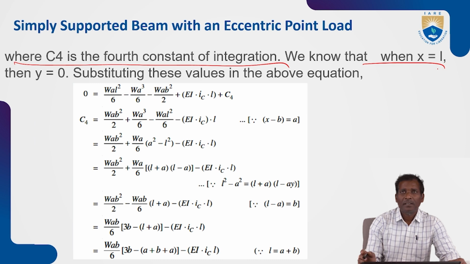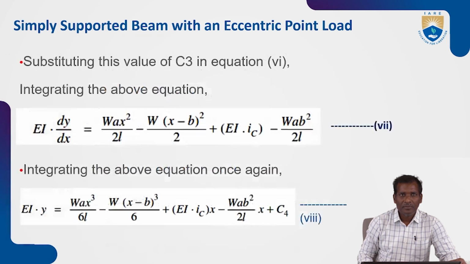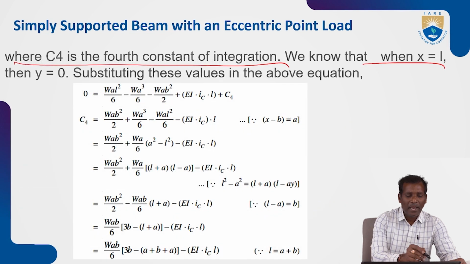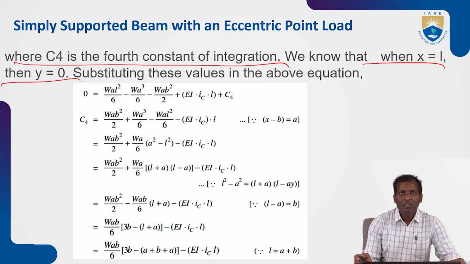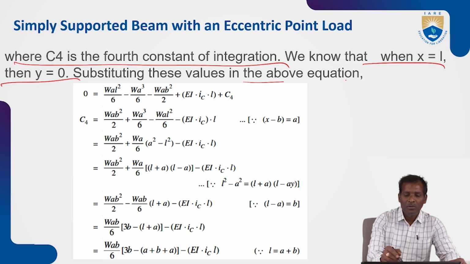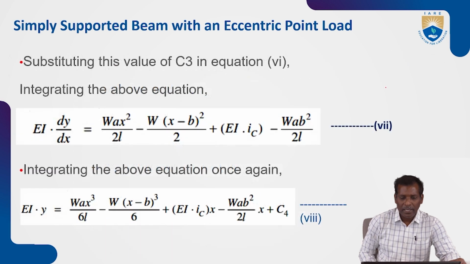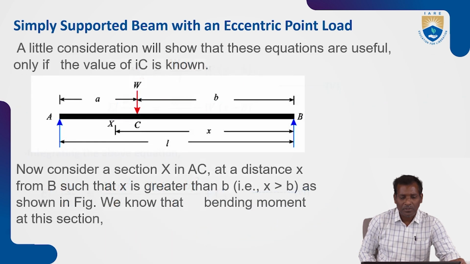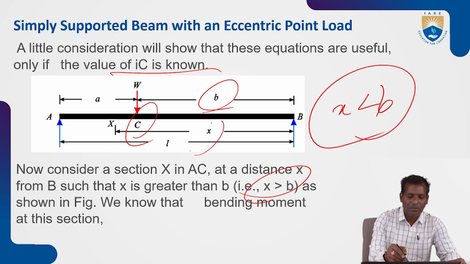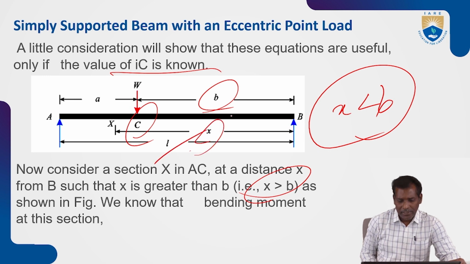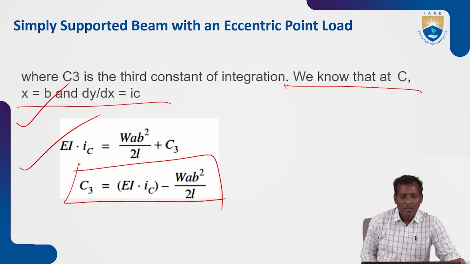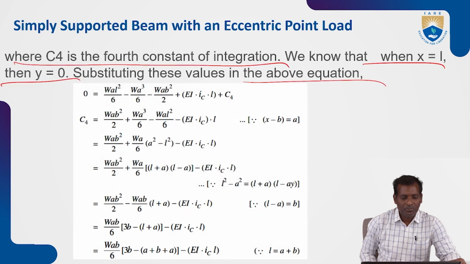We know that when X is equal to L, Y is equal to 0. So in this diagram, put X is equal to L and Y is equal to 0.